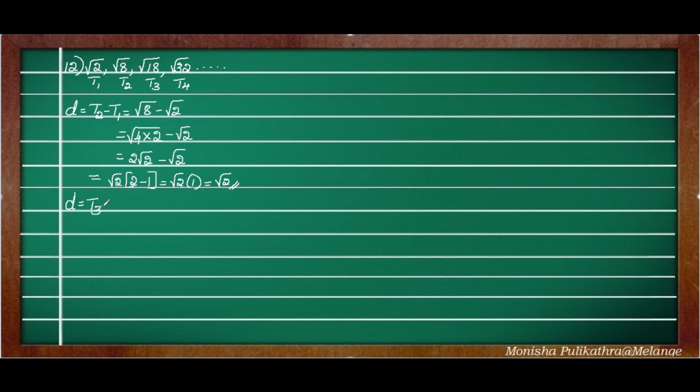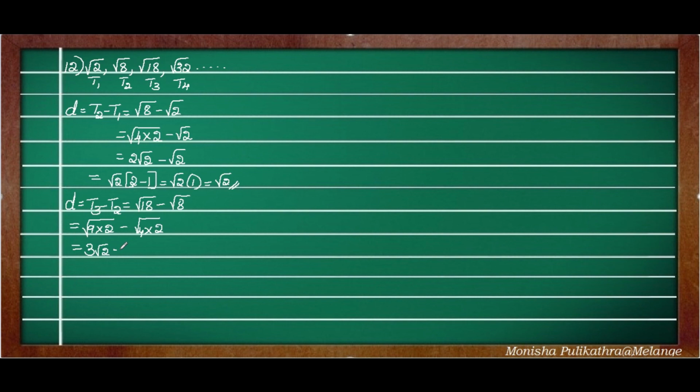That is T3 minus T2. So T3 is root 18 minus T2 is root 8. We need to split the terms here. For 18, we can split it as 9 twos are 18 and 8 as 4 into 2, 4 twos are. Right? So the square root of 9 is 3. So when we take 9 outside the square root, it will become 3.